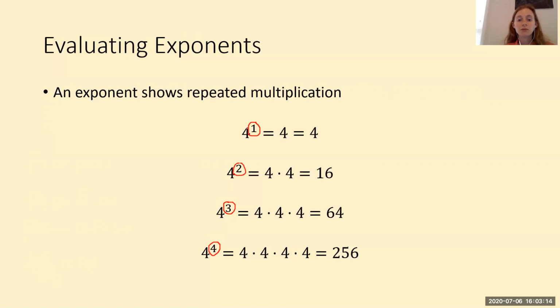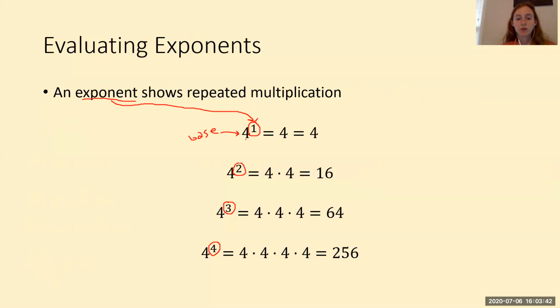The big number, so the main number, is called the base. And then the little number that's up above is the exponent, also sometimes called the power. And so the exponent tells you how many times the number is multiplied by itself.